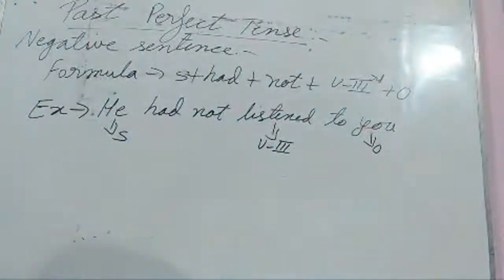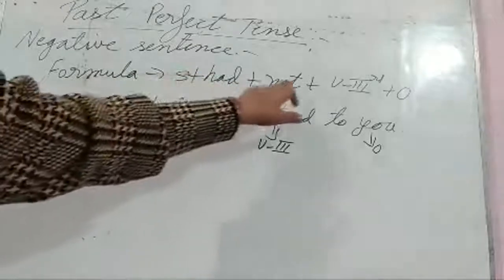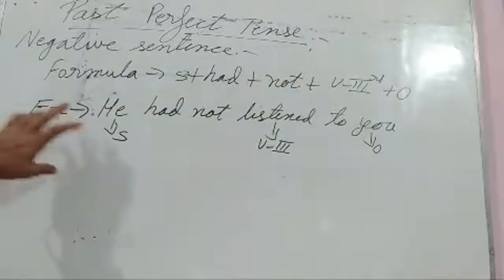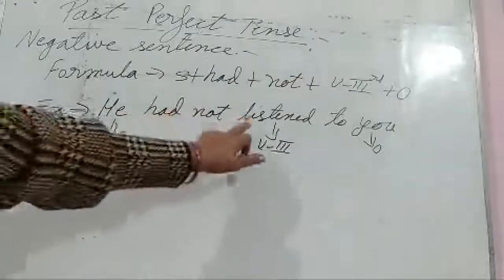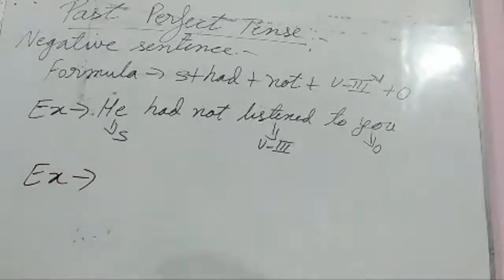So according to the formula, subject plus had plus not plus verb of third form plus object, the example is, he had not listened to you. Now let's see the next example of the same.